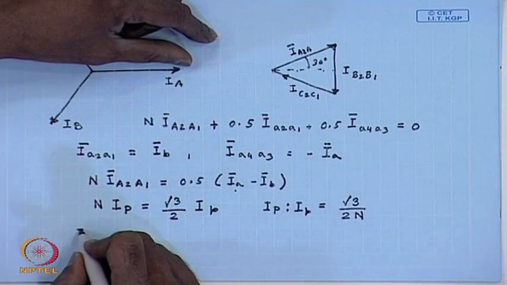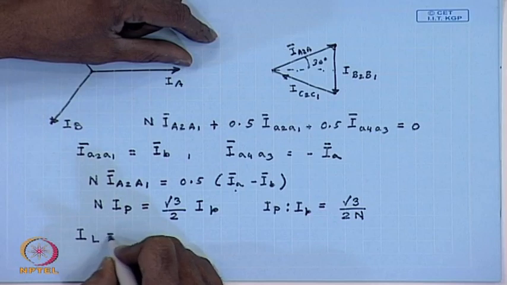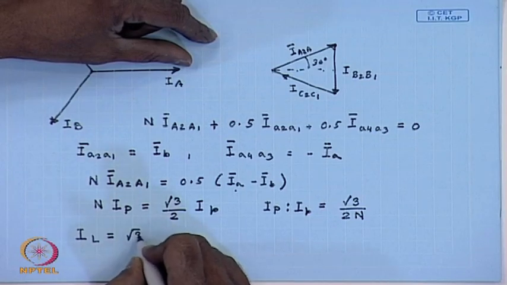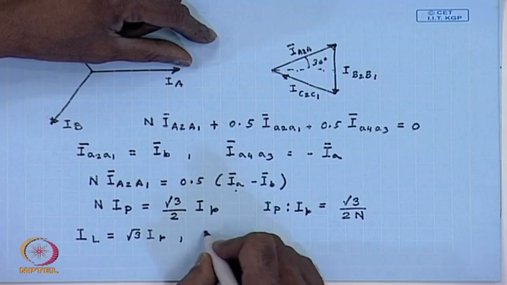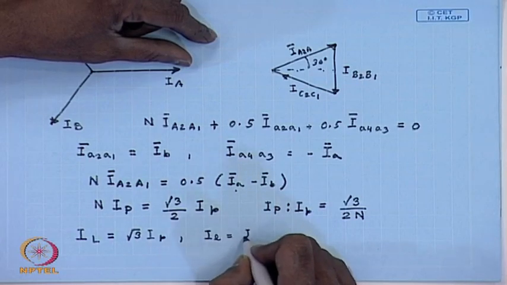But on the high voltage side, I_L equal to root 3 I_P, and on the low voltage side, I_L equal to I_P.